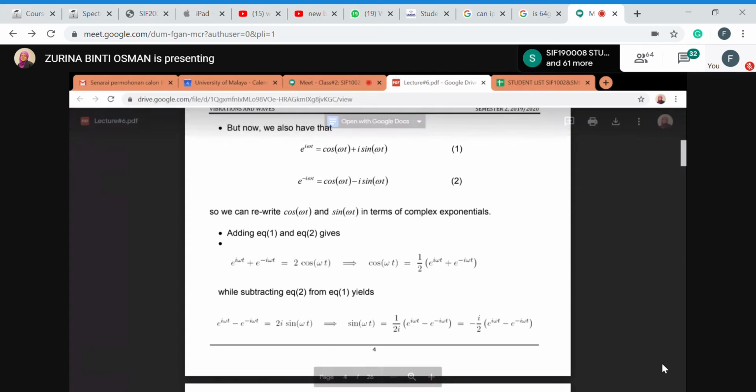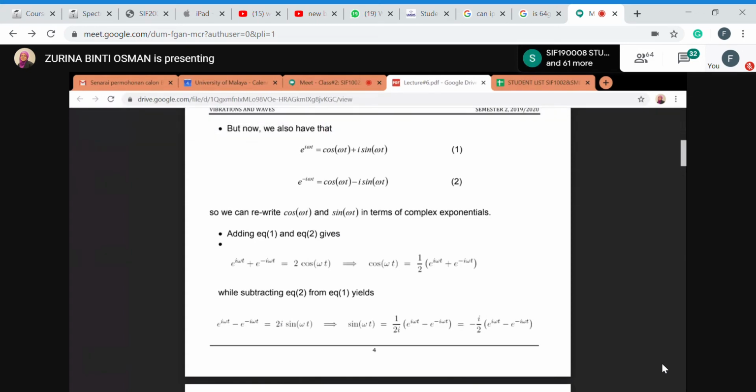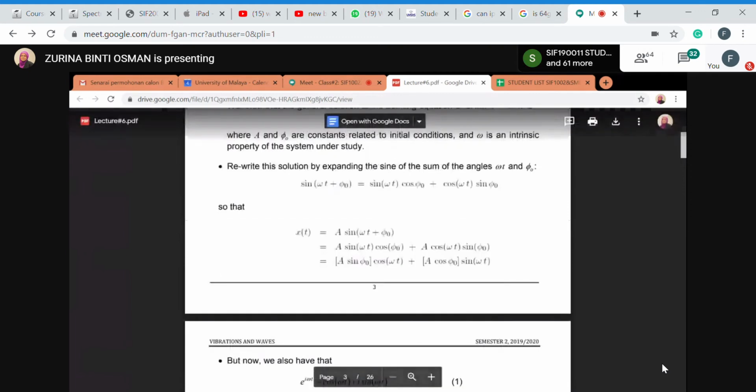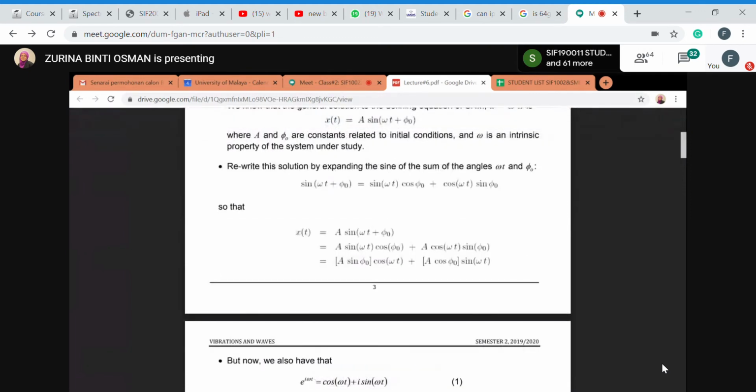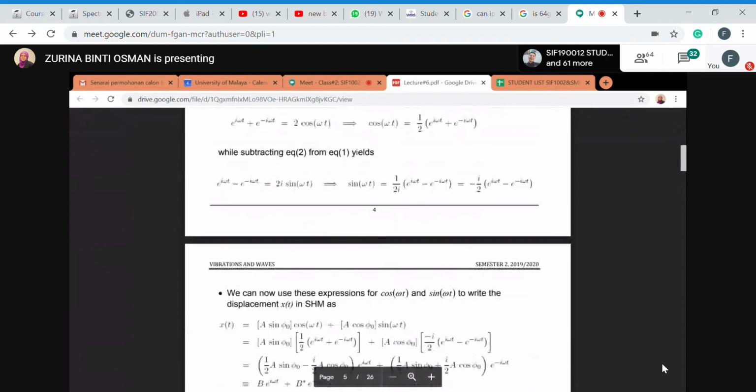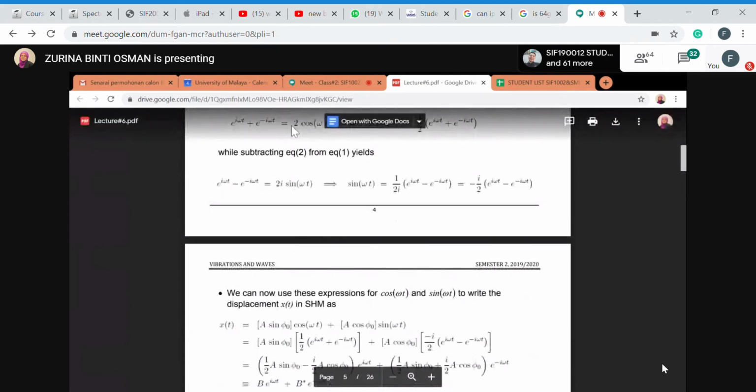Our purpose here is to replace this part, which is the title here. It's not 2 cos ωt, we just want cos ωt. So this 2 will be brought over here, and then it will be like this.